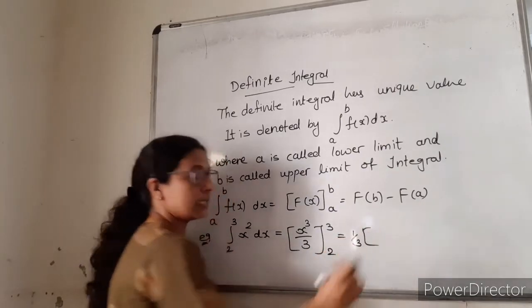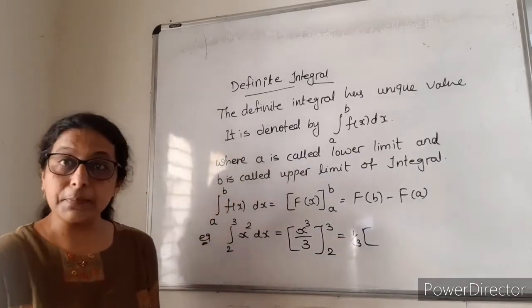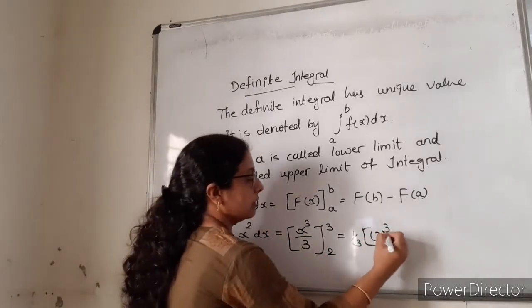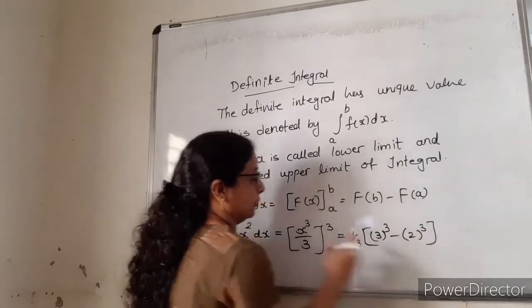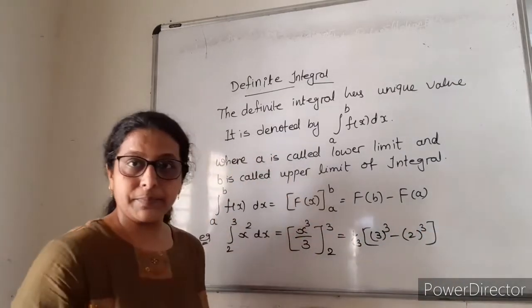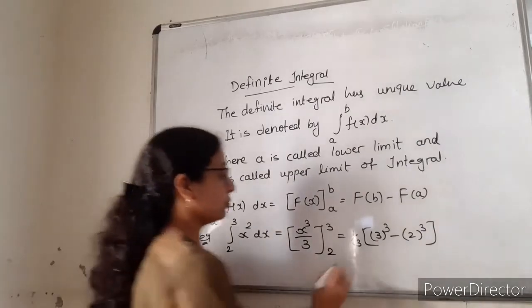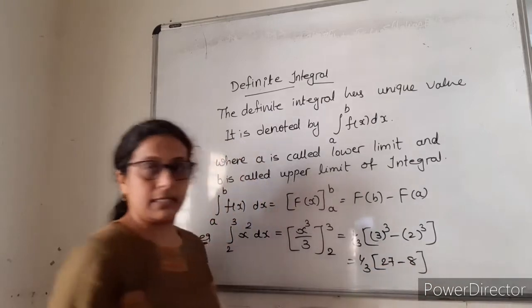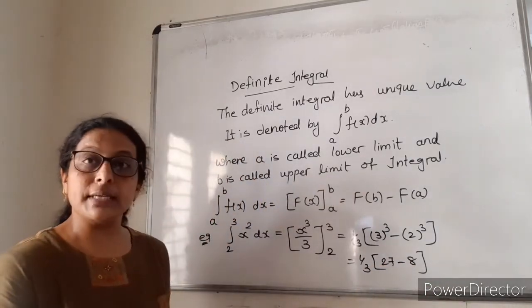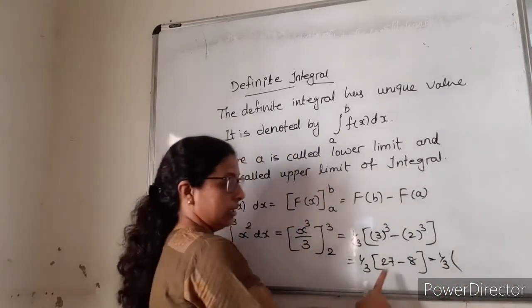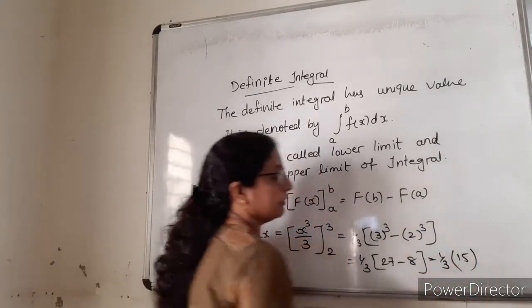1 by 3 is constant, so there is no limit applied. Now x cube, that is 3 cube minus 2 cube. This is a to b, so f of b we will write first and then f of a. So that is equal to 1 by 3 times 27 minus 8. 3 cube is 27, minus 8. 27 minus 8 is 19.